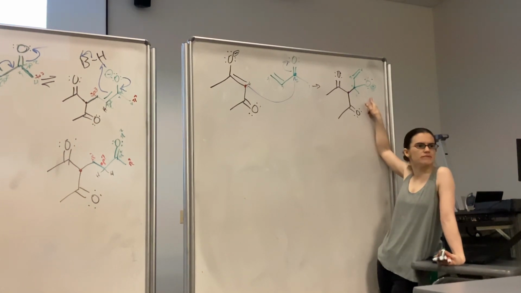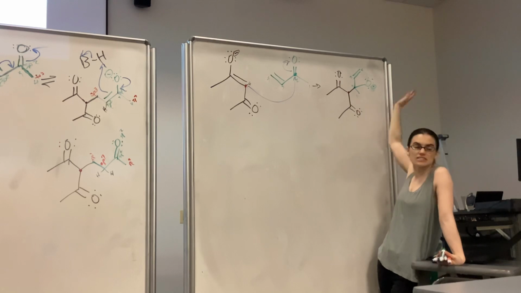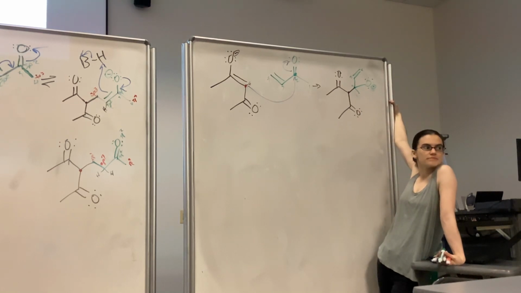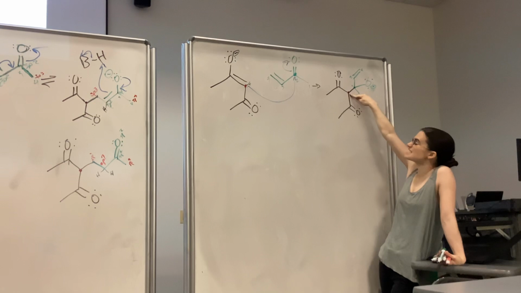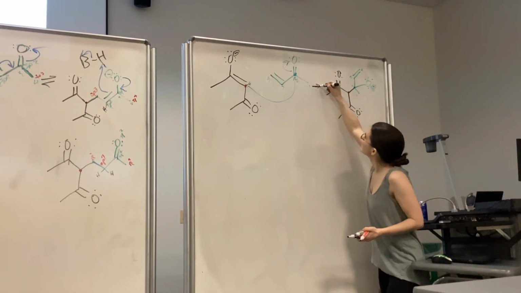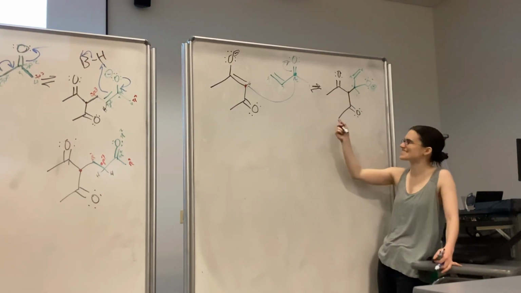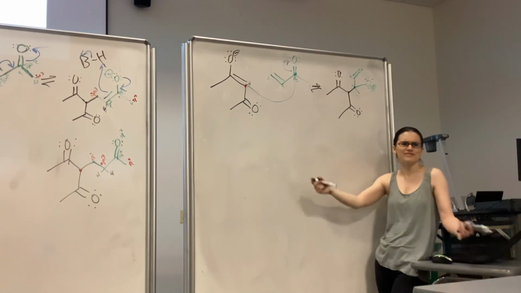Now, what can we do from here? If we want to reform this double bond, is there a leaving group? Not really, right? I guess since this is acidic, we could call that a semi-okay leaving group, but that's just this reversible reaction reversing, right?